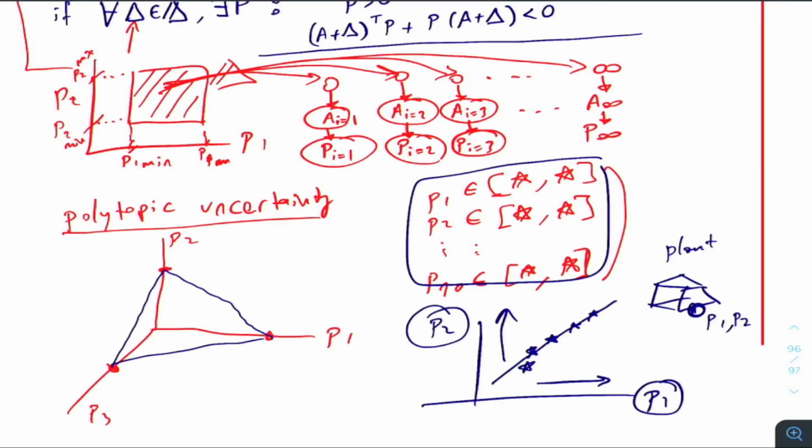Alright. For example, let's consider this case. There is some type of correlation between all of them. It is almost like, for example, a constant times P1 and a constant times P2 less than some constant.